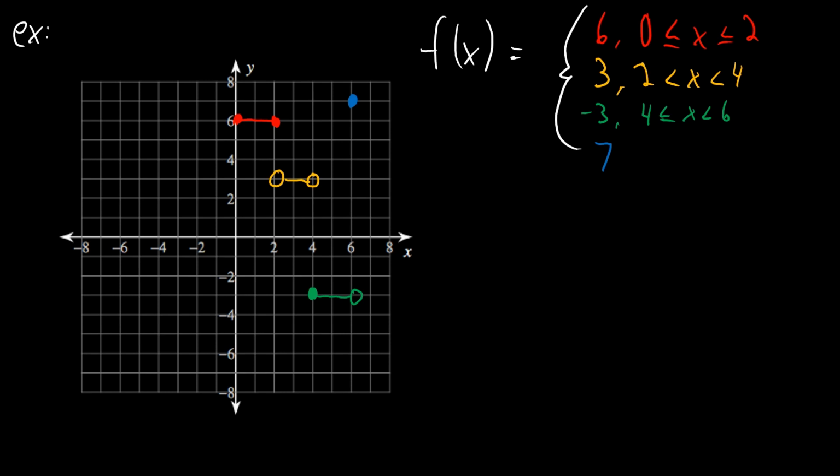And it is defined at x equals 6. Okay, so when you have a solid point, you're just going to say x equals whatever that value is. Okay, and so if we do the vertical line test, let's just put it in purple. Yep, passes, passes, passes, passes. Okay, so I hope that makes sense to you.